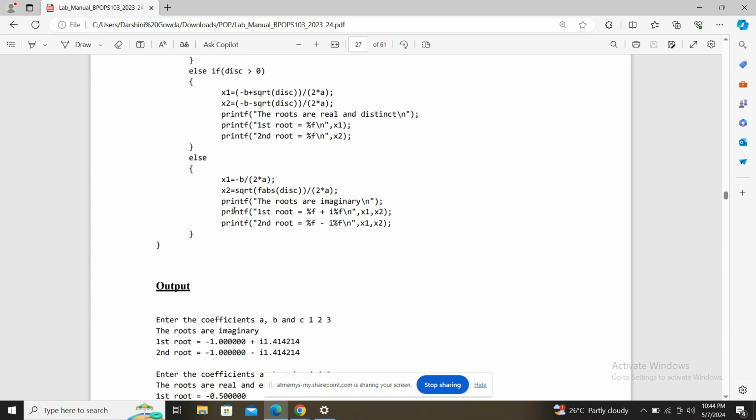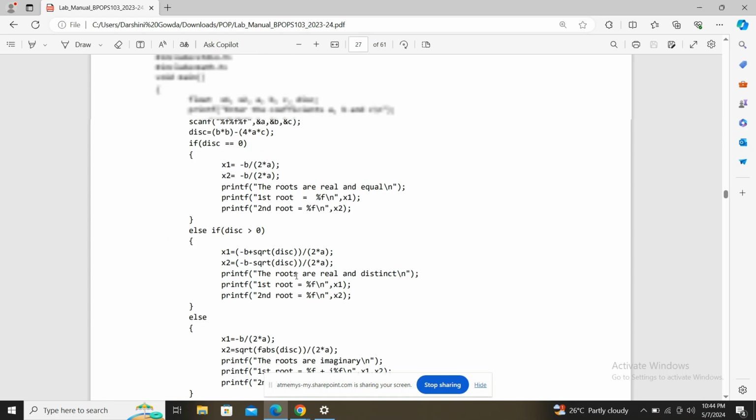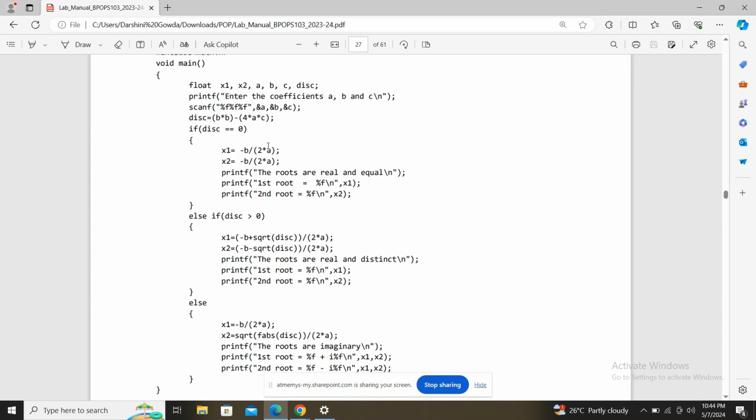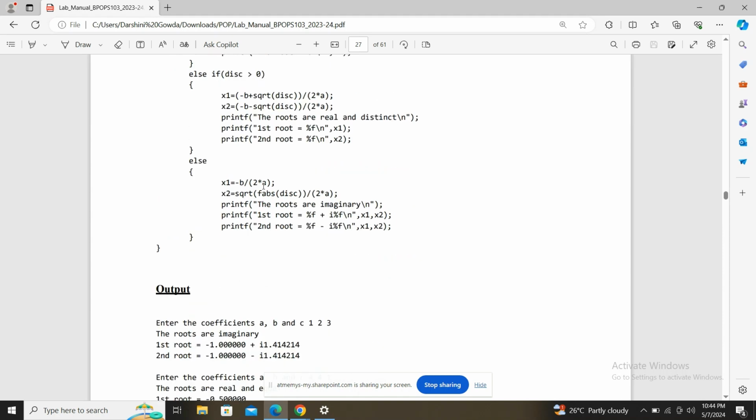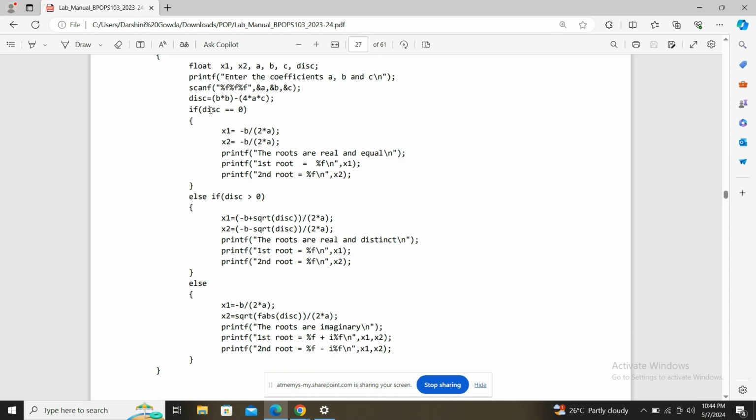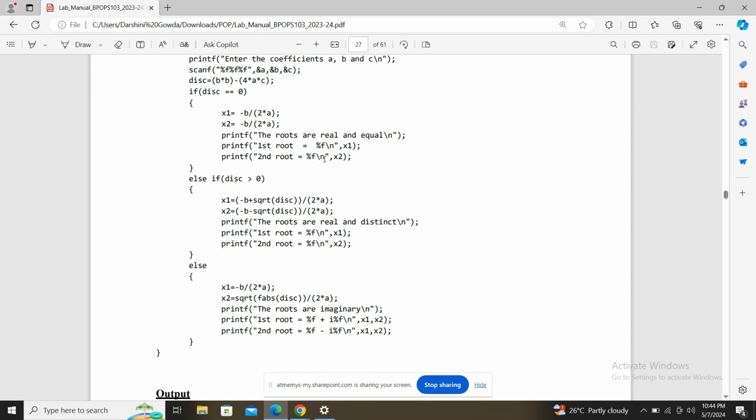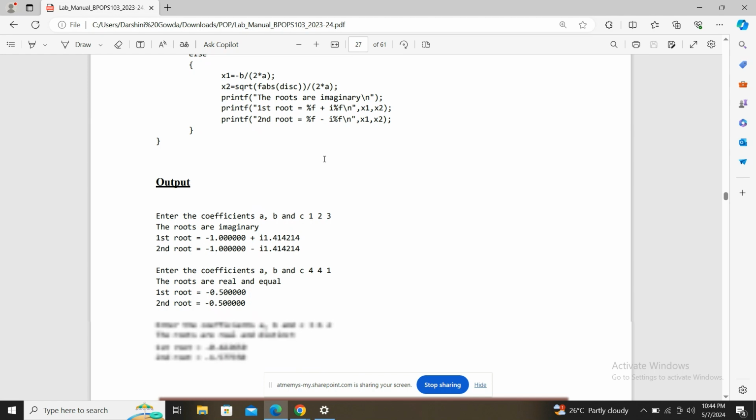When 4, 4, 1 is computed in b square minus 4ac, it will give the result as 0. So we know that the discriminant value is 0, and here we are comparing this discriminant value against 0. When both are 0, the print statement would print the roots are real and equal along with printing its results.